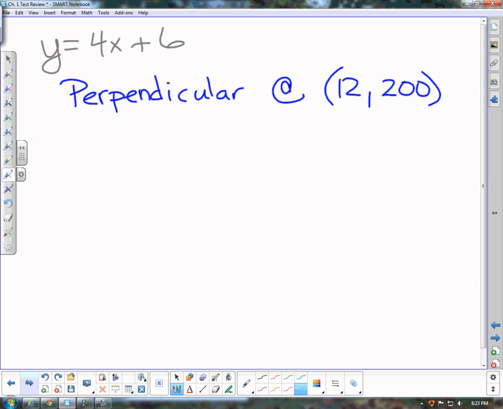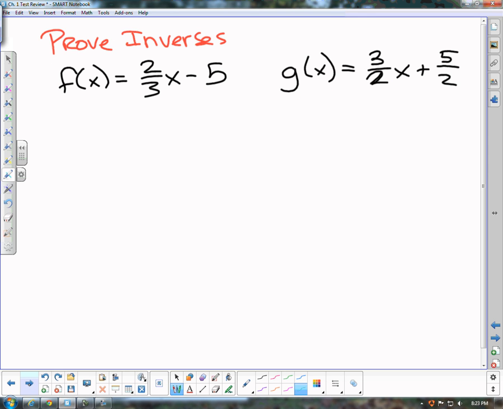And we will skip these two because I don't think there's any on that part. And so now, another example of trying to prove that things are inverses of each other. You would have to either take f composition g of x or g composition f of x. Which one do you want to do?